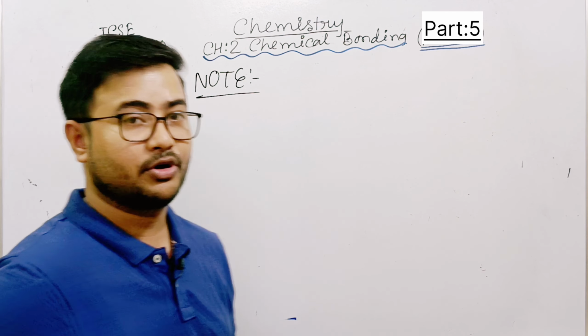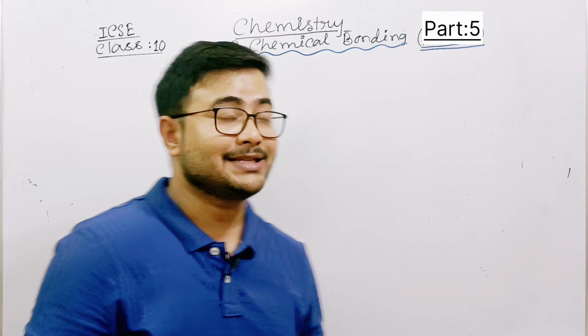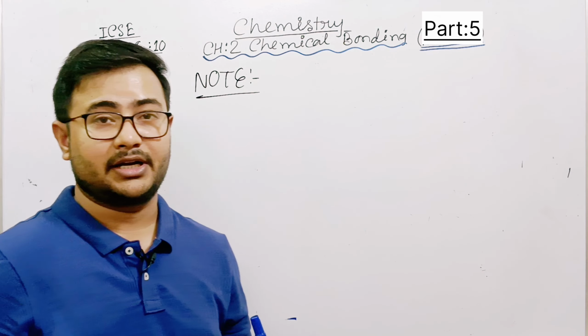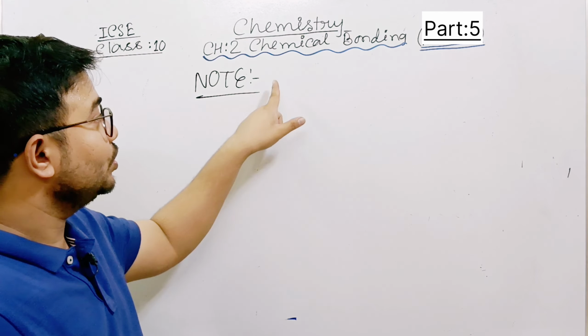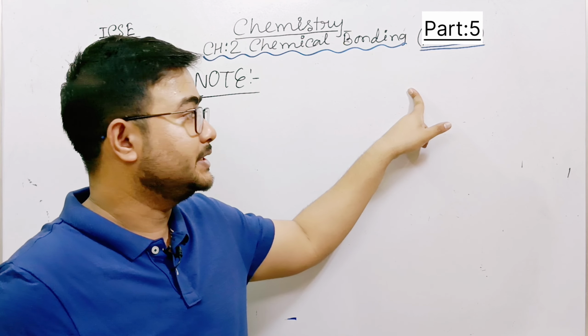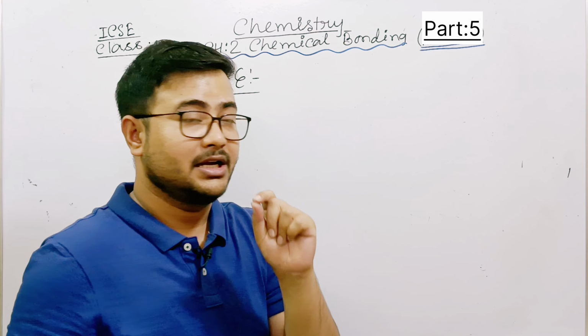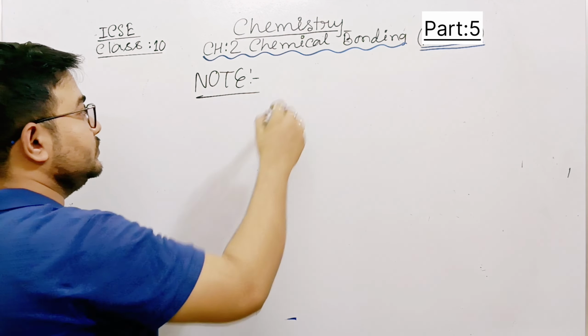This note is very important. You cannot get such an explanation anywhere, so observe this video properly. In Concise, only the note statement is written. No explanation is there. What is this statement?